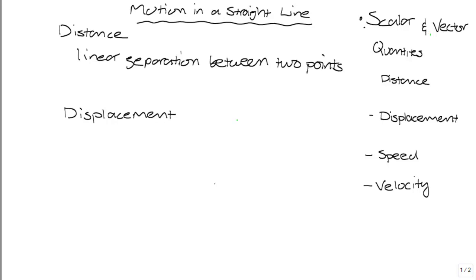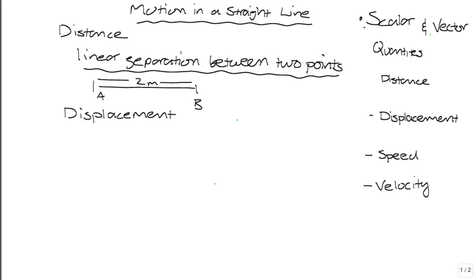So basically, if you start at one point, A, and you move a certain distance to another point, B, and you measure that distance, and say you find it to be 2 meters, that is the distance, the linear separation between 2 points.